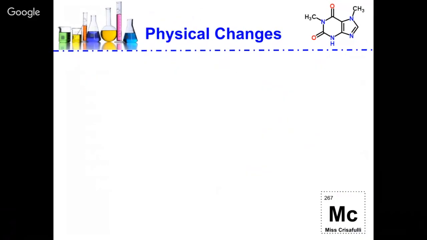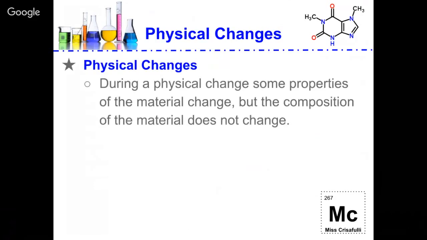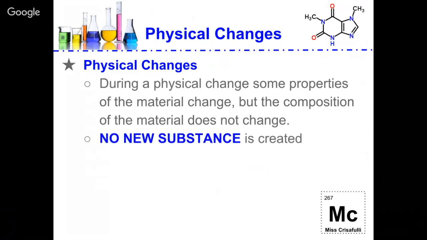All right, so we've talked about describing matter, we've talked about the types of matter, we talked about physical properties of matter. Now let's talk about physical changes. Physical changes occur during matter changes, and basically what we're talking about here is that you change the matter somehow, but you don't change the composition. So no new substance is created when something undergoes a physical change.